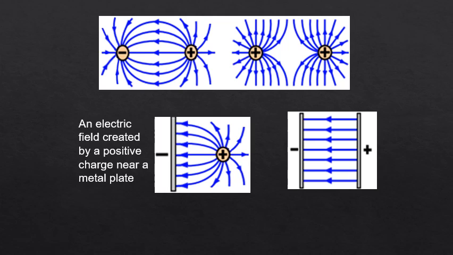So between two plates, it's a uniform field. The distance between the lines of strength are the same, whereas in the case of the point charges and the point charges with the plate, it's a non-uniform field. There are areas where the field strength is stronger and areas where the field strength is weaker.